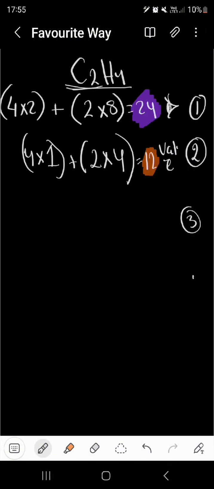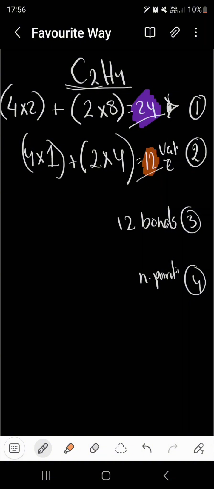The third and fourth steps are bonds and non-participant, الروابط وغير المشاركة. To have the value of bonds, we are going to subtract 24 from 12 and we'll get 12. And then to get the non-participant number, we are going to subtract 12 from 12 and then we'll have 0.